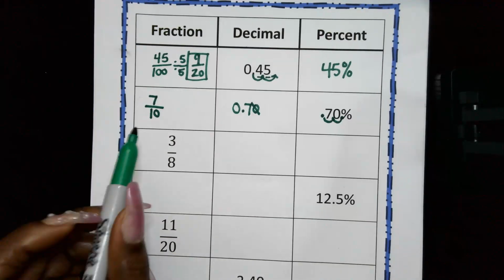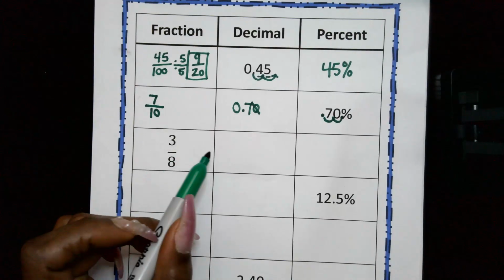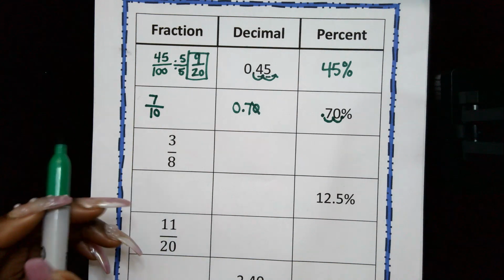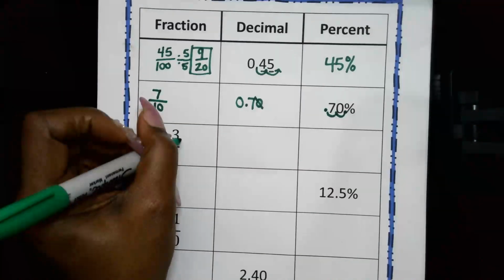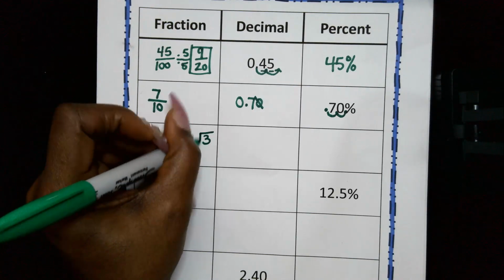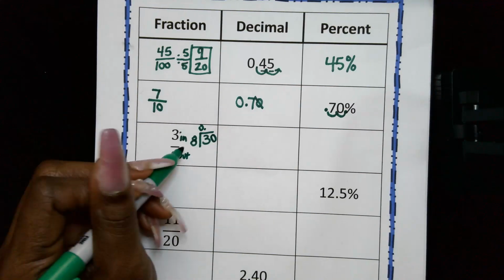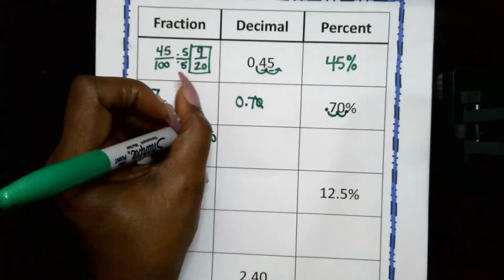Moving on. Now, to convert a fraction into a decimal, I would have to divide. Top in, bottom out. Eight goes into 30 3 times.